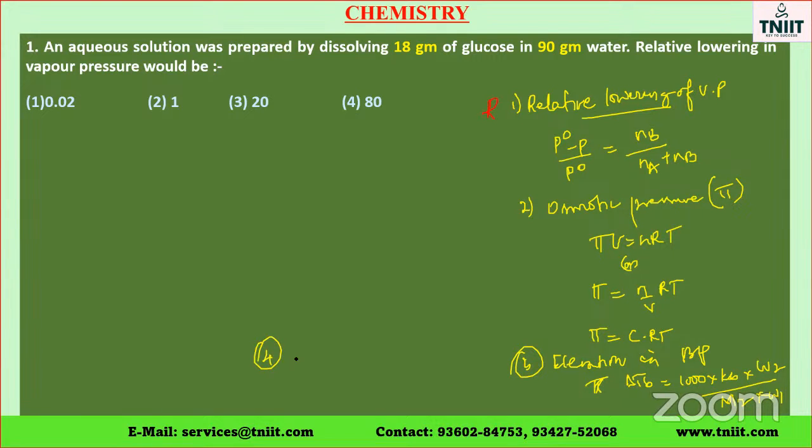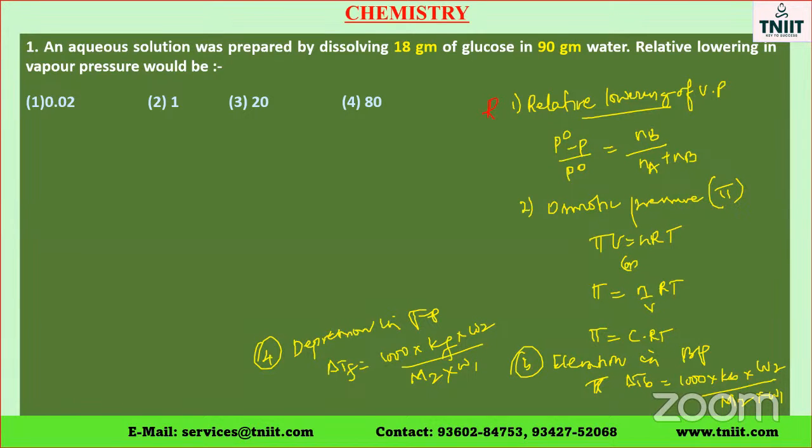Likewise, the fourth is depression in freezing point, represented as delta Tf. It is equal to 1000 into Kf, the molar depression constant, into W2 divided by M2 into W1. This is the formula to calculate the depression in freezing point.